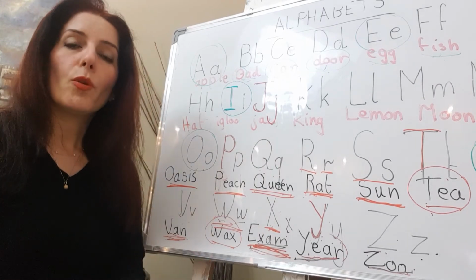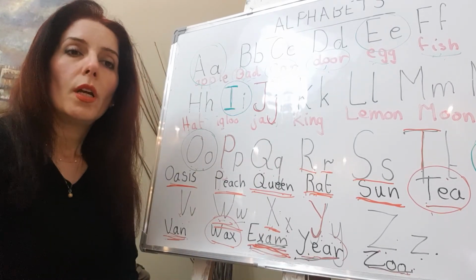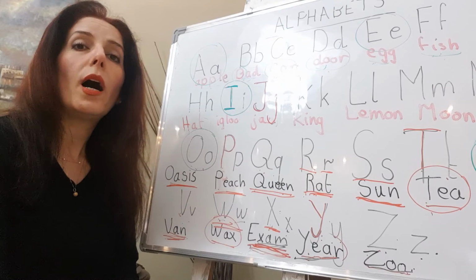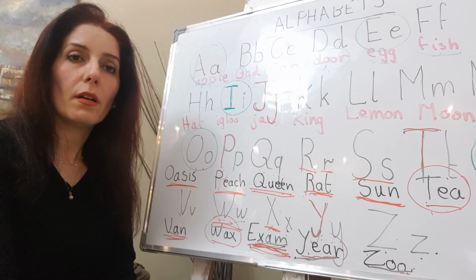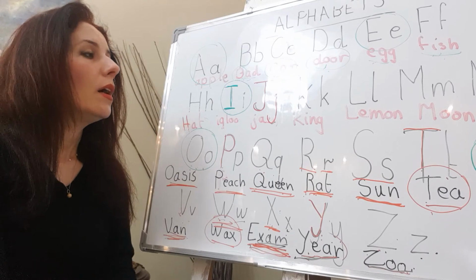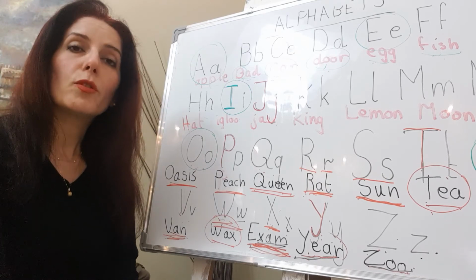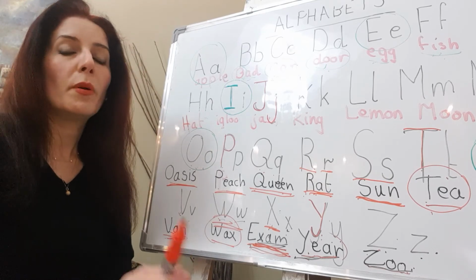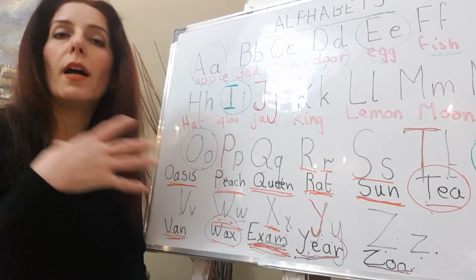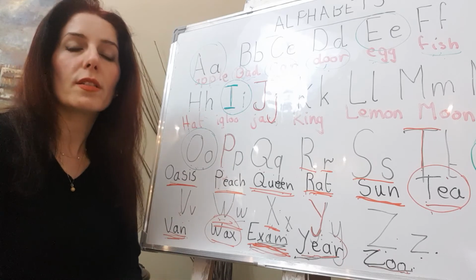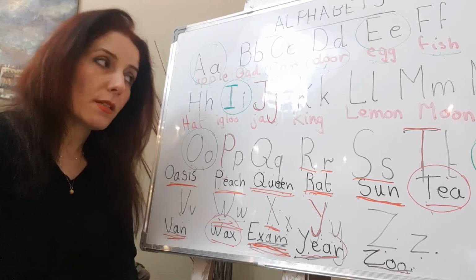So please, if you want to learn or to know about English, you have to know these alphabetical letters. You have to know them, and you have to memorize them, and know the name of the letter and the pronunciation of this letter. So please, this is the first one.